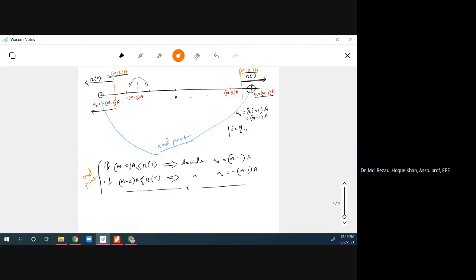So all our inner points and end points can be actually summarized together. So these are end points, please write the inner points here.